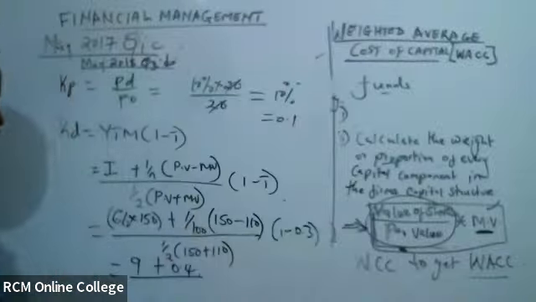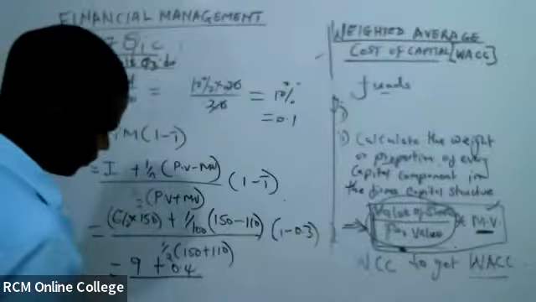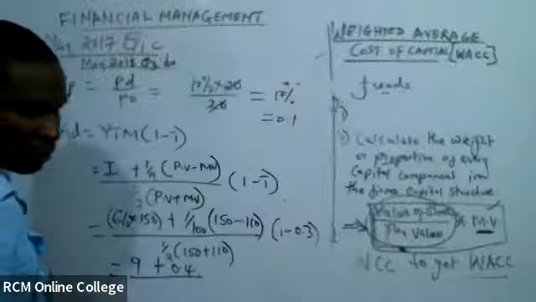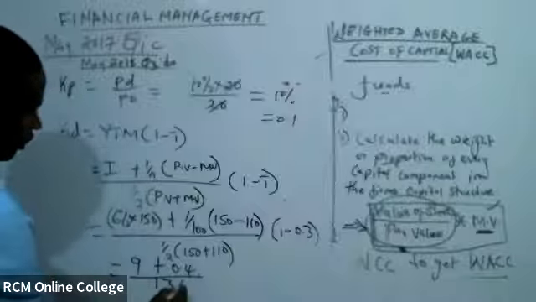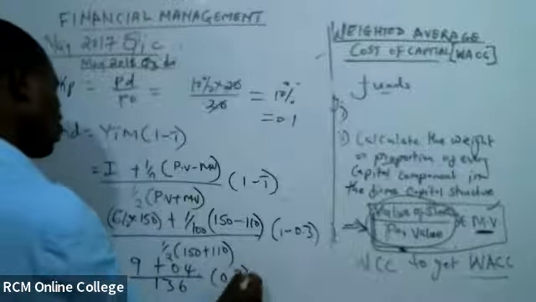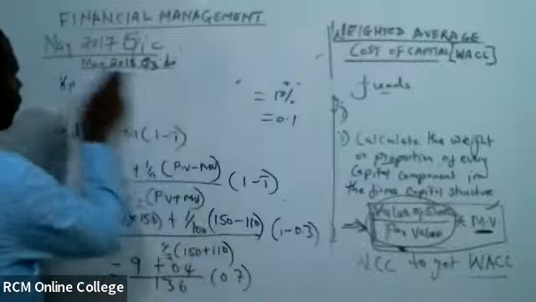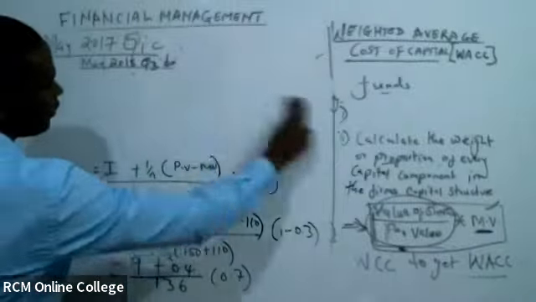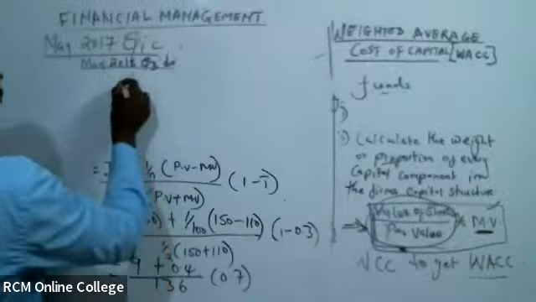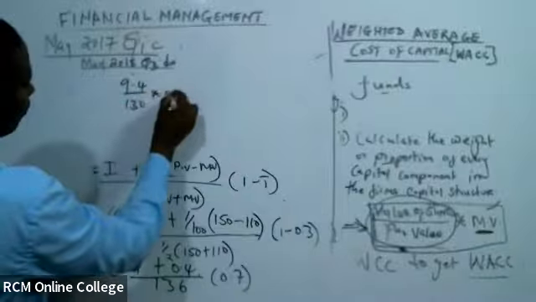Hiyo itakuwa kitu kama 260. A half ni ngapi? Ni 130. Or 260, 130, si ndio? That and then to multiply na 0.7. So tuko na kitu inakaa 9.4 divided by 130 times 0.7.